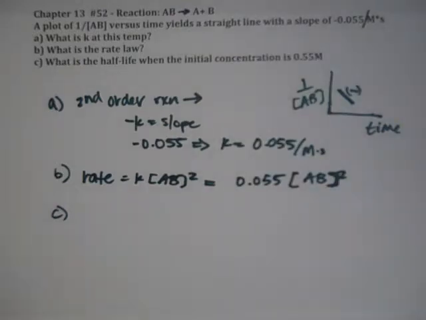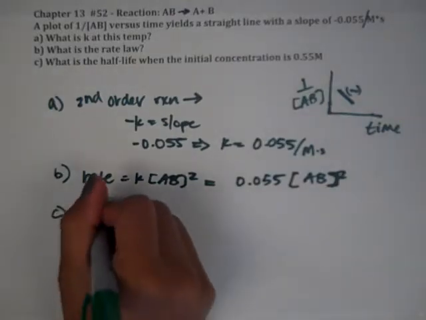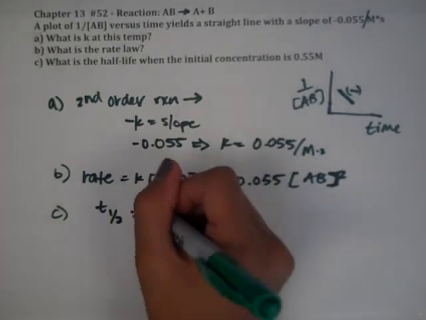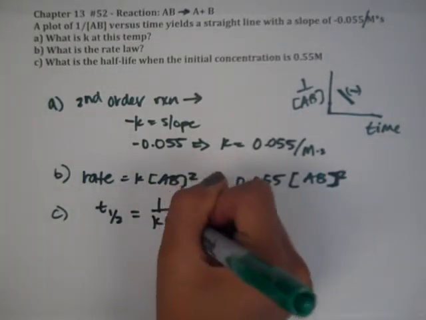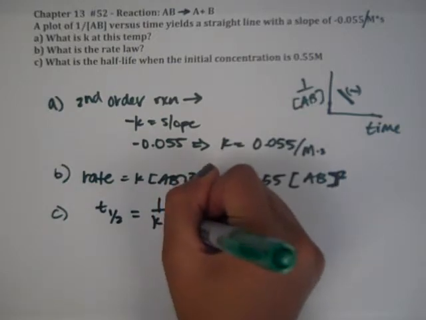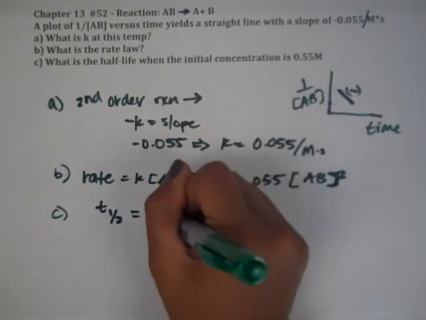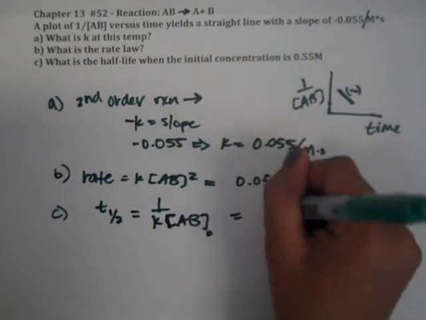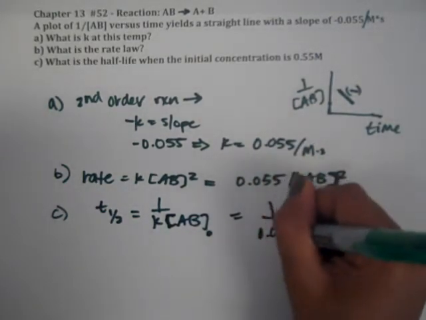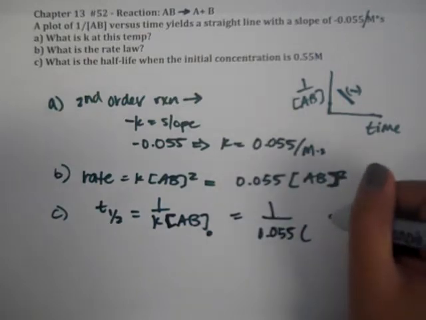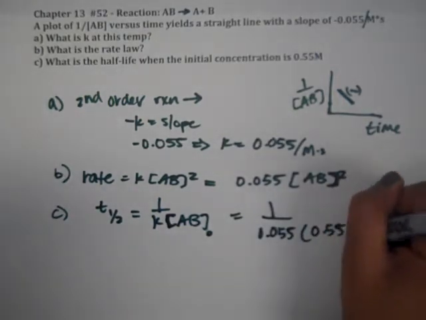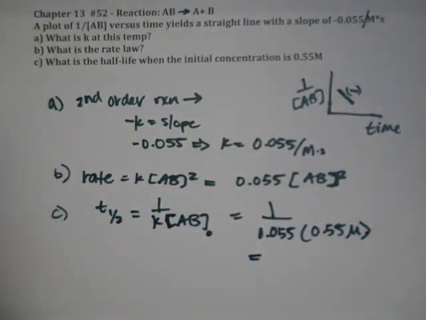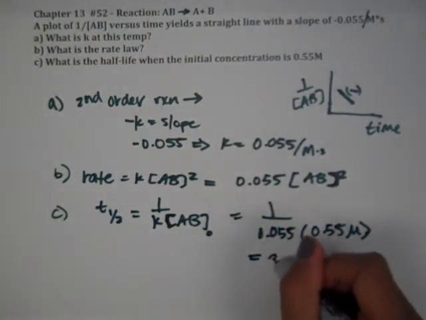So we have our formula for half-life: t half equals 1 over K times the concentration of AB at time 0, the initial concentration. We plug in the values and get 1 over 0.055 times the initial concentration of 0.55 molar, and when we solve it out, that is roughly 33 seconds.